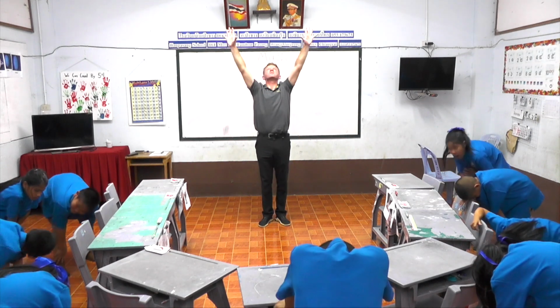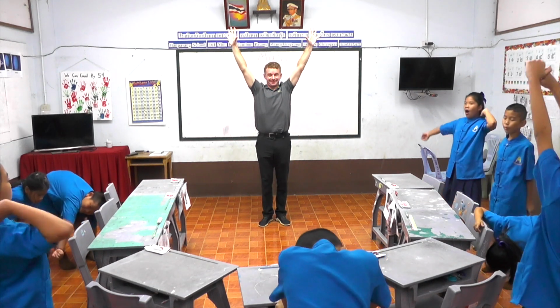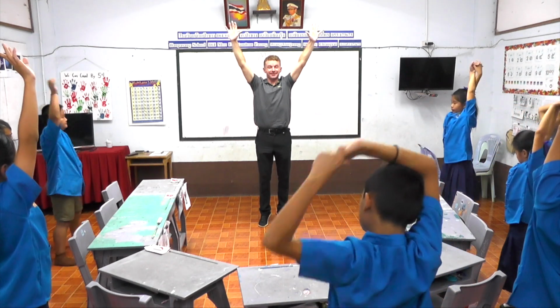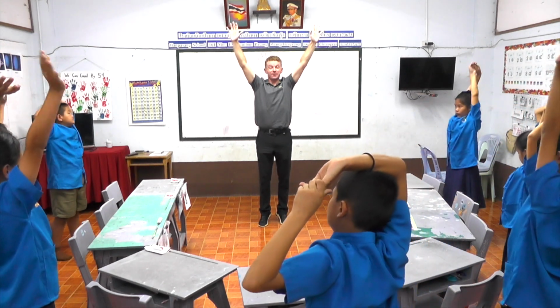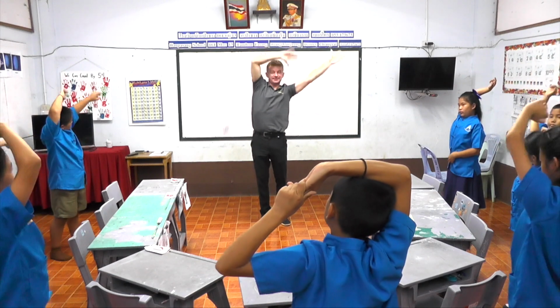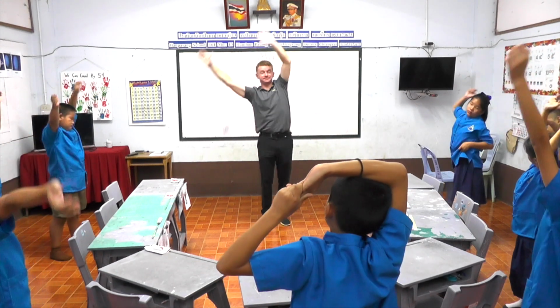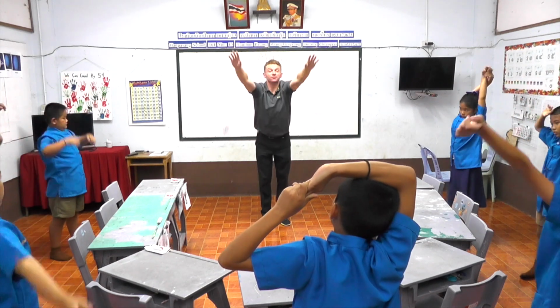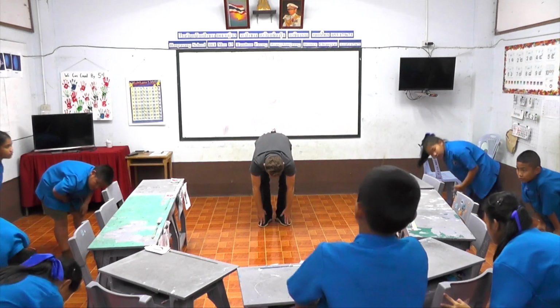And now back up high one more time. And this time, can we go tippy toe high? And while we're there, let's have a wave. And then back down to touch our toes once more.